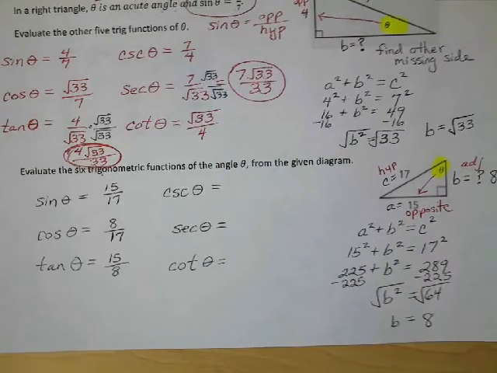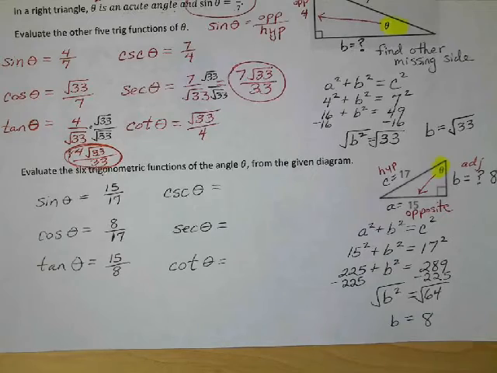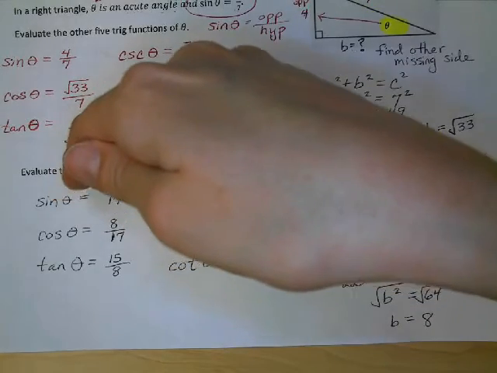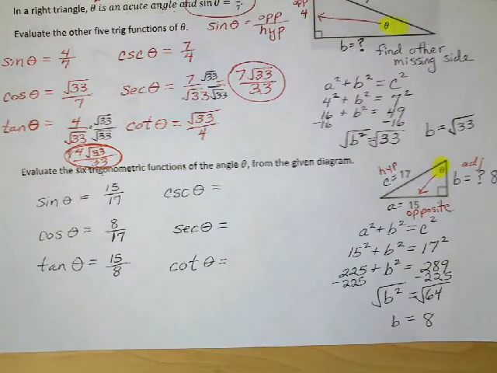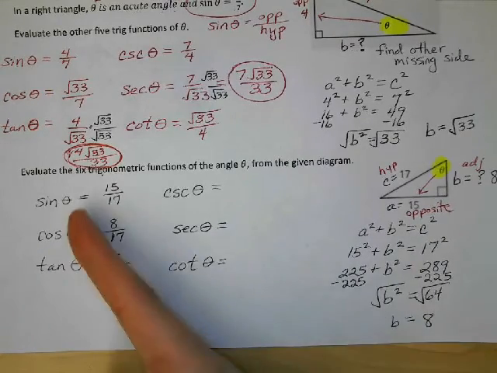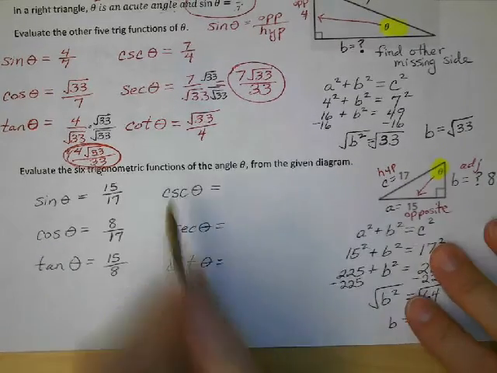I try to do them the same order every time because it'll just help you. Because this cosecant one's the reciprocal of the sine one. You just keep doing it the same every time. So if you flip around the sine one, that's what the cosecant one is.